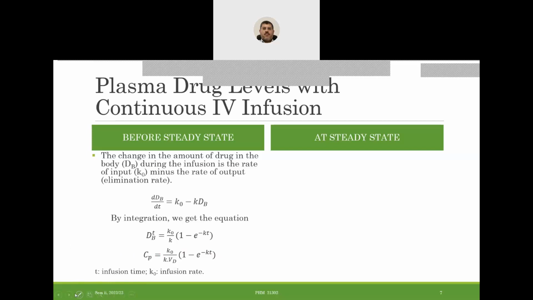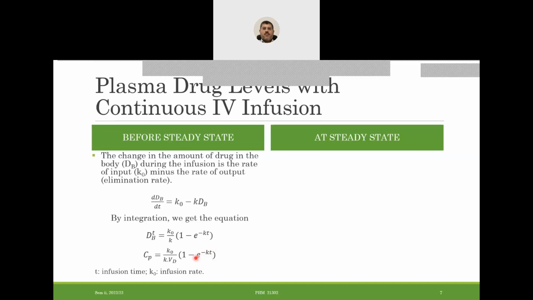K is fixed, right? But t is increasing. So this one will be equal to 1 divided by e to the power kt. Kt keeps increasing, so the denominator is increasing. So the fraction becomes smaller and smaller till approaching 0.